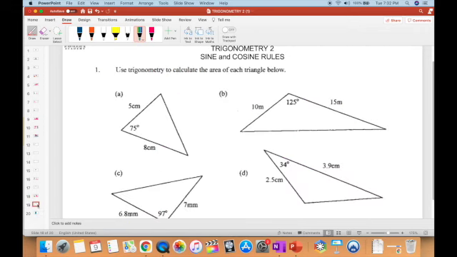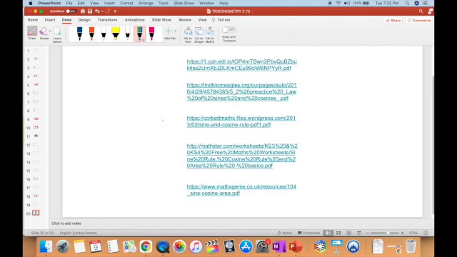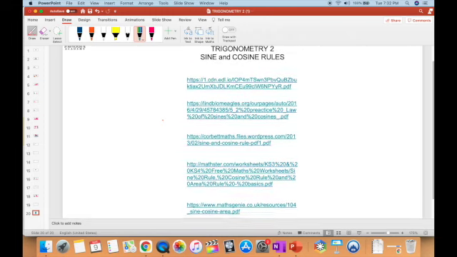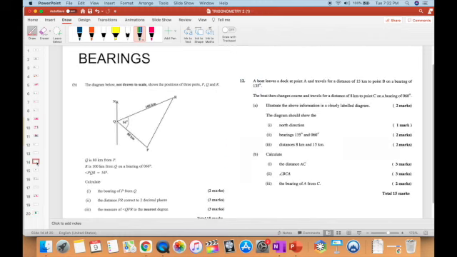And you can see here that we also have some of the area questions. I'd like you to do these 4 area questions for homework. It also has links here for everything that we did, for sine and cosine rule and for area as well. So for homework, you have the 5 bearing questions to do.